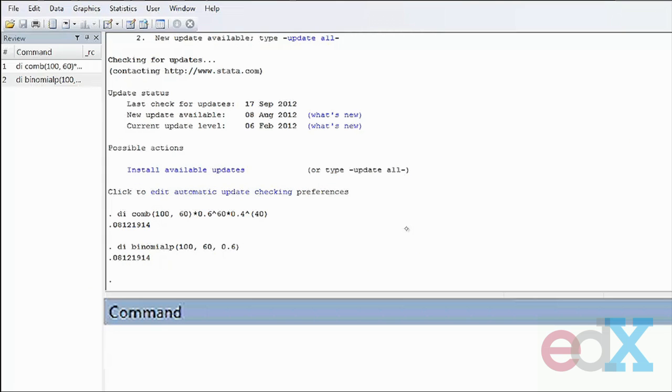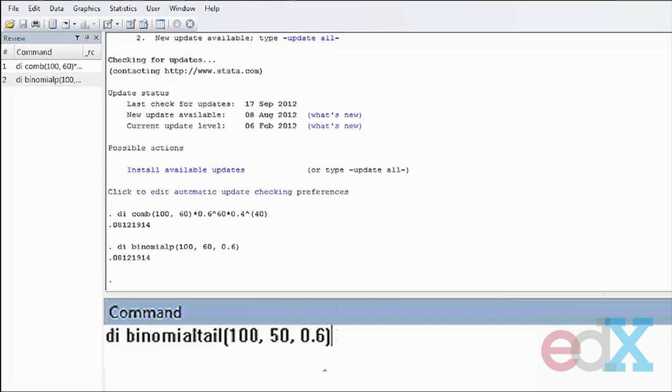Now let's calculate the probability that at least 50 women are anemic. Specifically, we want to know the probability that x is greater than or equal to 50. To calculate this in Stata, we're going to use the binomialtail function.